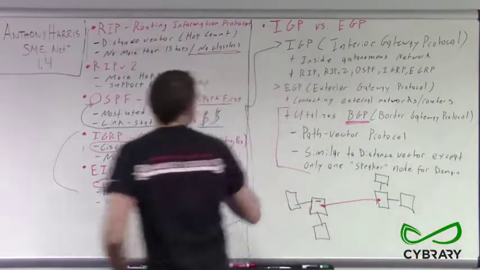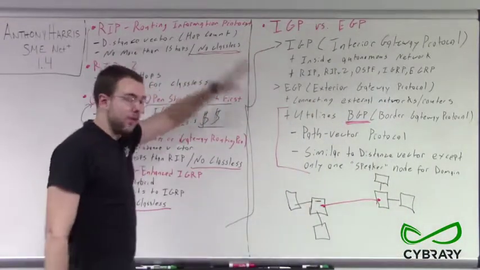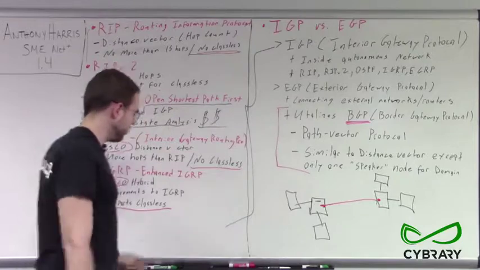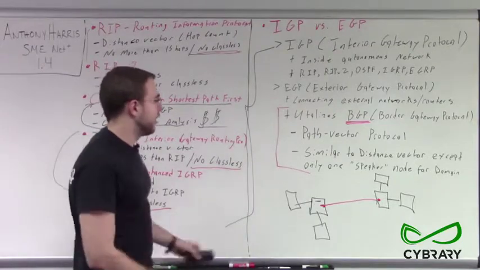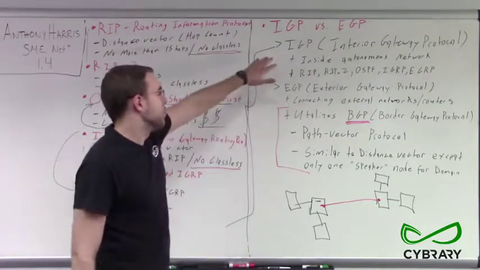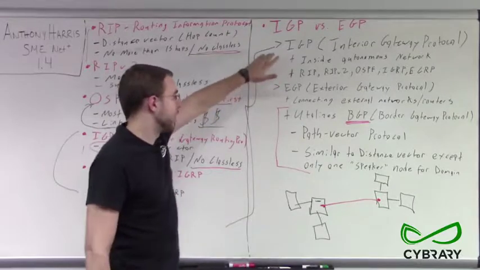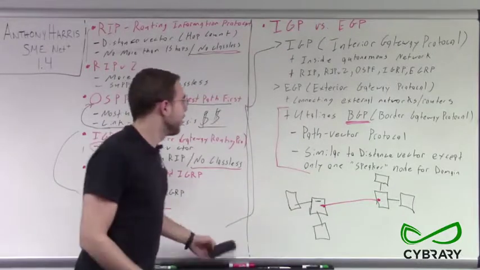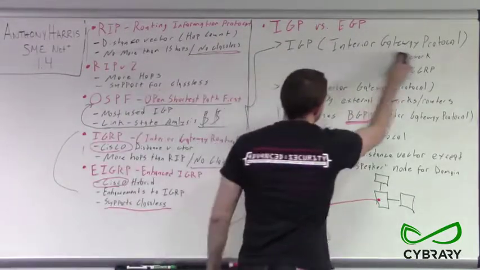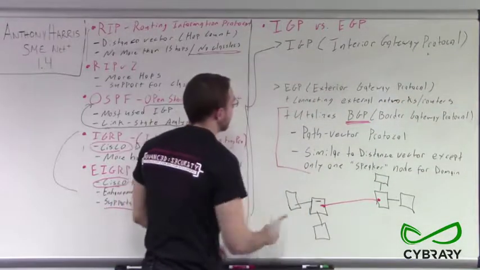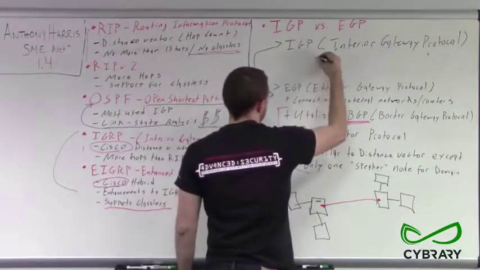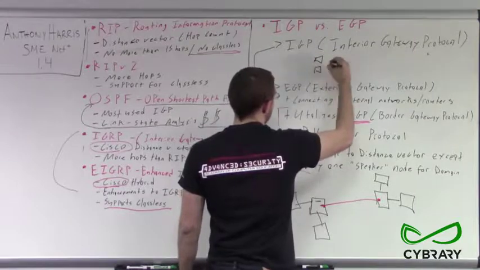Using our knowledge now of our IGP versus our EGP, we're able to recognize how we make our distinction between our interior gateway routing protocols, being, again, in all the routers inside of our network.